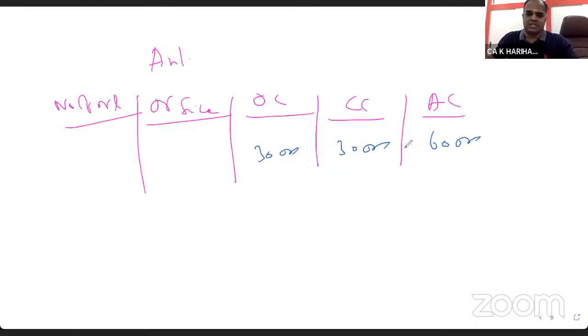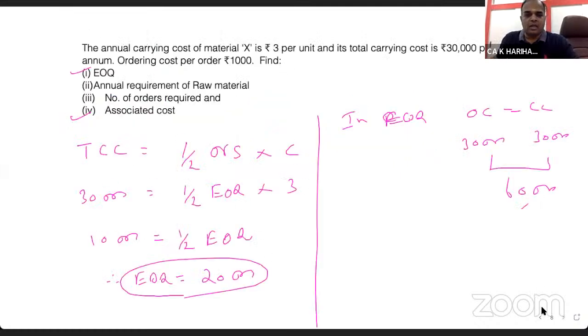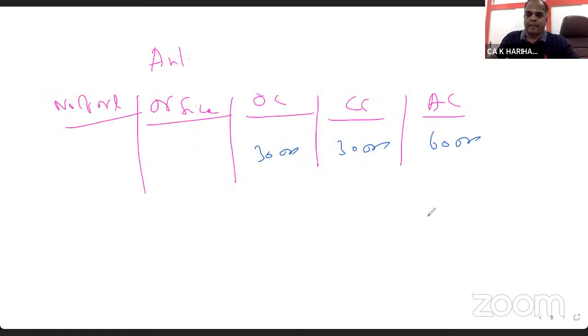Associated cost is 60,000. Then, ordering cost per order is 1,000. Clear? Per order 1,000, so the number of orders comes to 30. 30 into 1,000 is 30,000. Clear? Number of orders, 30.